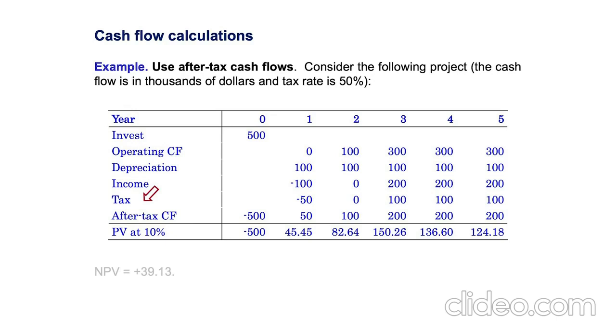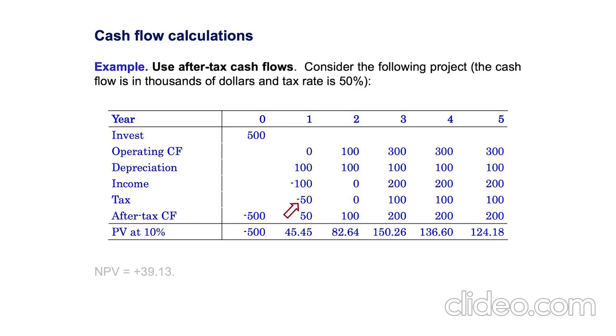This also equals the tax rate times the accounting income. We then have minus 50 in year 1, 0 in year 2, 100 in year 3, etc. The after-tax cash flow from the project, given in row 7, equals operating cash flow minus capital expenditure minus the tax. We then have minus 500 for year 0, 50 for year 1, 100 for year 2, and so on.